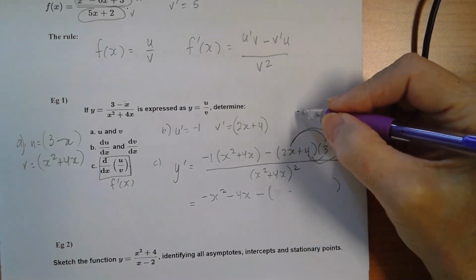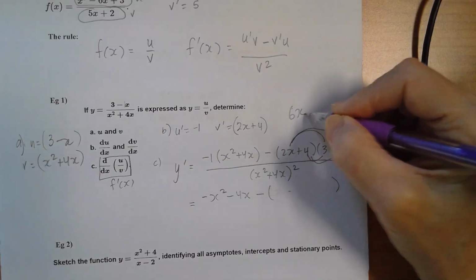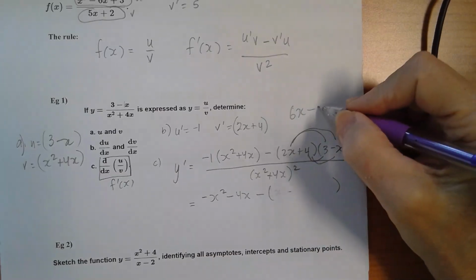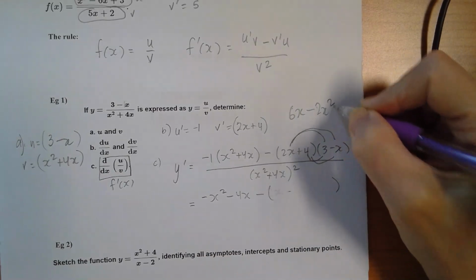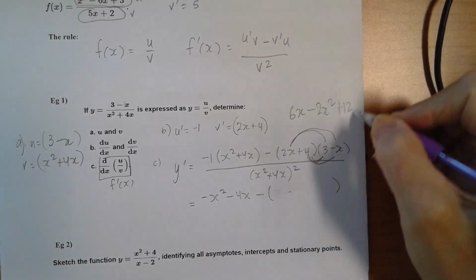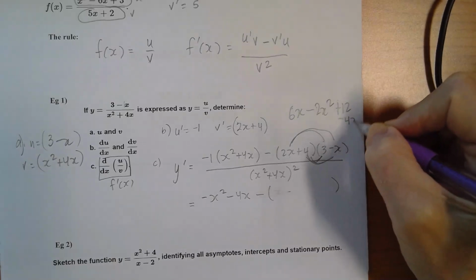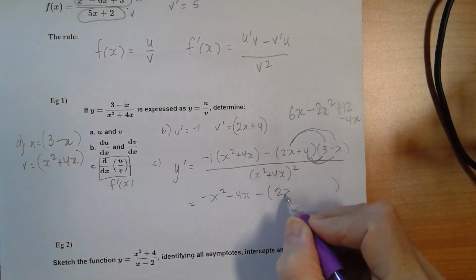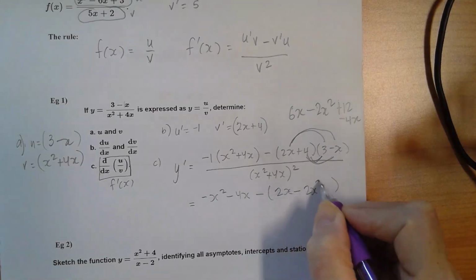I'm just going to do that up here first and get 6x minus 2x times x, minus 2x squared, and then that's plus 12, and that's minus 4x. So in here, 6x minus 4x, that's 2x minus 2x squared plus 12.